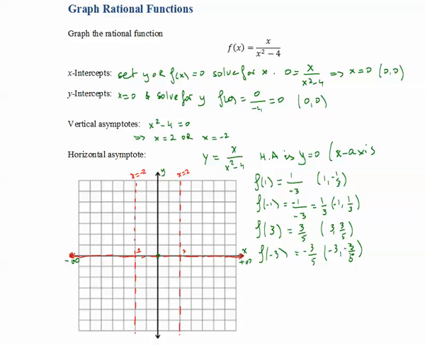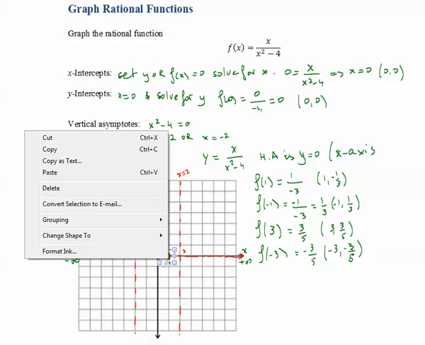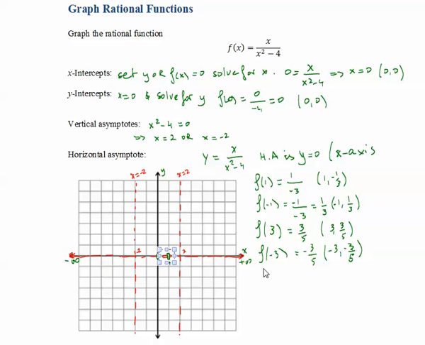And you may question where I get these points from. I want to know how the function is going to look between these two asymptotes. So I plot 1 and I get negative 1/3, which is somewhere here. Then I'm going to try negative 1 and see how that is going to be.